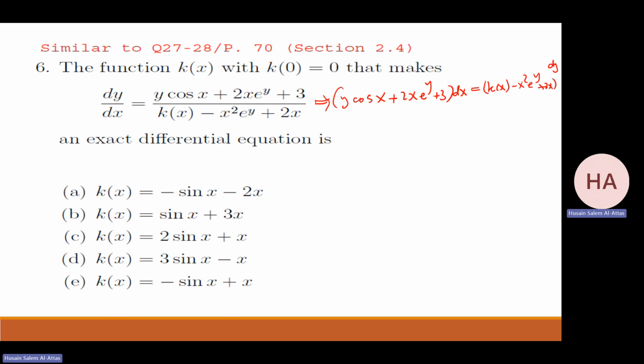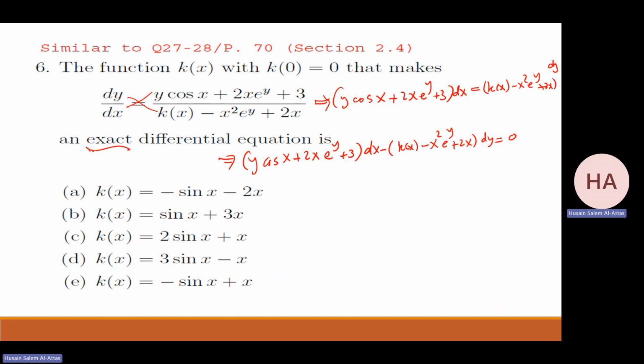Multiply this by this and this by this, and take it to the other side. I have y cosine x plus 2x e to y plus 3 dx minus k of x. Now k is not a constant, k is a function of x. Minus x squared e to y plus 2x dy equals 0.